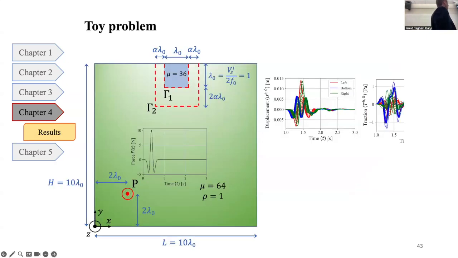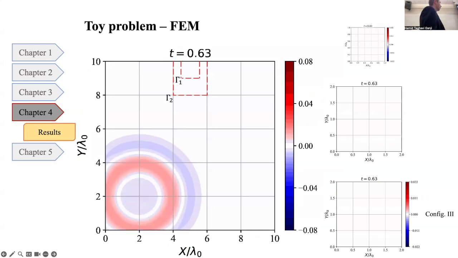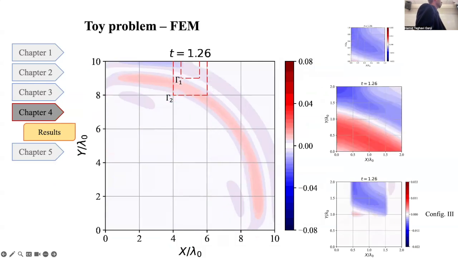So let's start with the toy problem again. These are the mechanical properties we have for this toy problem. And these are the free field responses we have at gamma 1, at the interface of basin and elastic bedrock: the free field displacement and the tractions. And here we are showing the animation of how the wave propagates in the original problem and the 3 different configurations we discussed before.